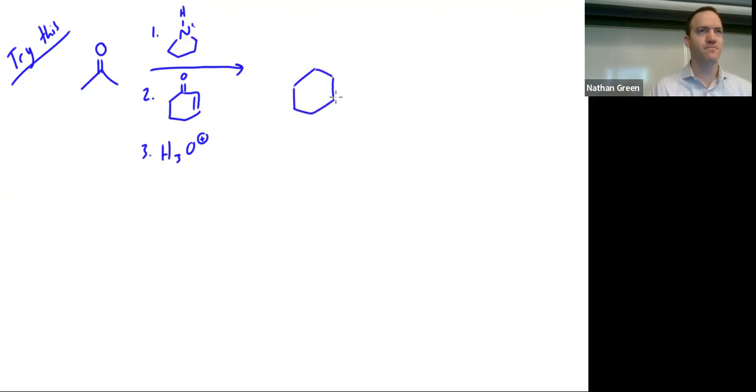Okay, cyclohexane. Carbonyl, okay. On the what carbon? On the beta carbon, yep. So how many carbons should I attach to this beta carbon? 3. There's 1, 2, 3.